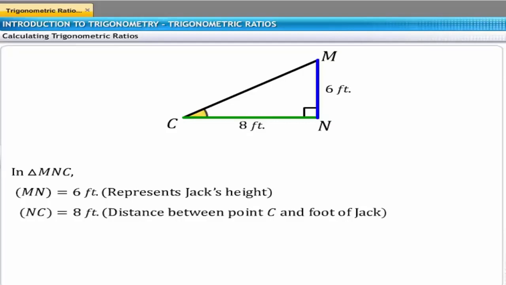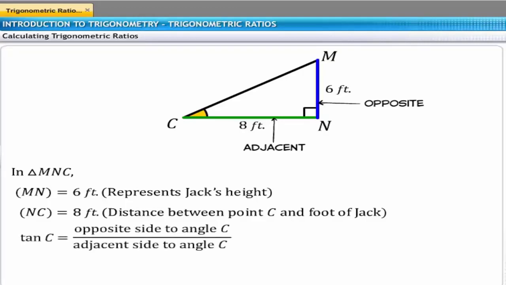With reference to angle C, MN is the opposite side and NC is the adjacent side. Thus, tan C is equal to opposite side to angle C divided by adjacent side to angle C, which is equal to 6 divided by 8. On simplifying, we get 3 divided by 4.